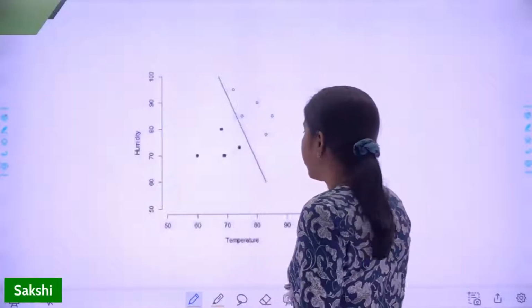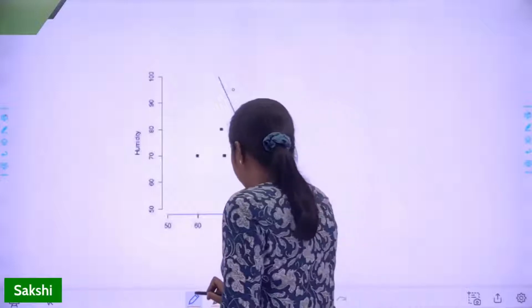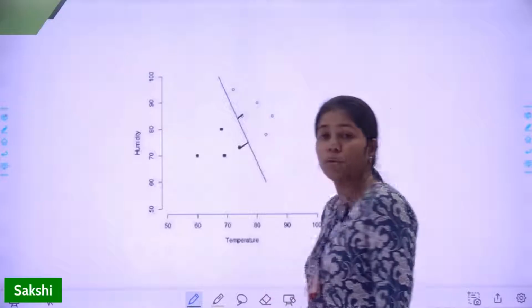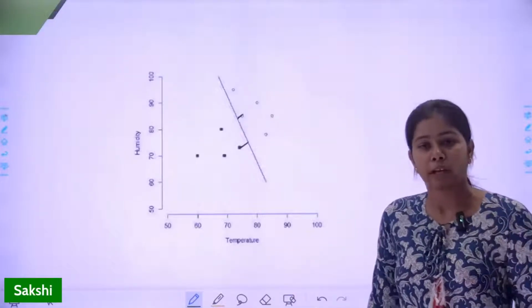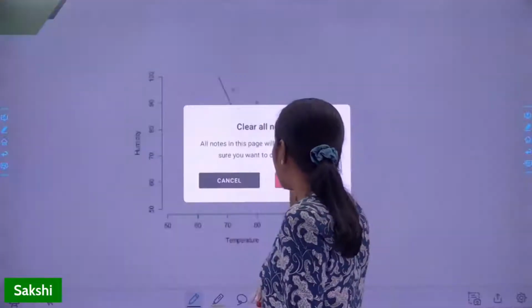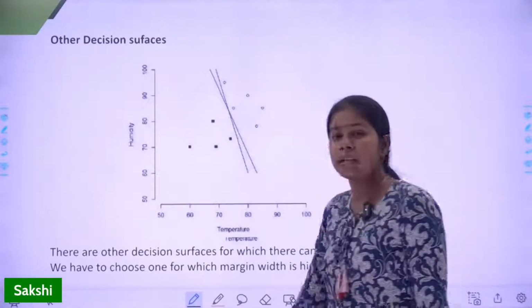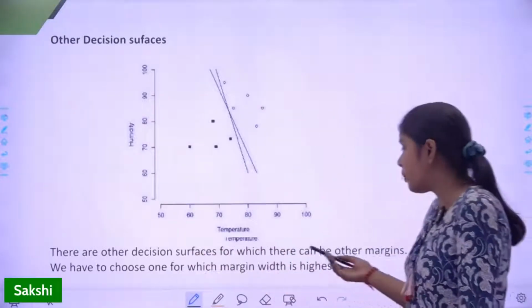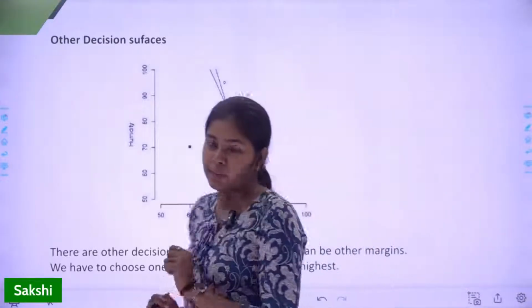Now the next thing is this is my boundary, right? The points which are closer to my decision boundary, I call those points support vectors, right? Just remember that I call those vectors closer to the decision boundary my support vectors. Next, many decision surfaces are possible, but we are going to choose the decision surface which gives the maximum margin.